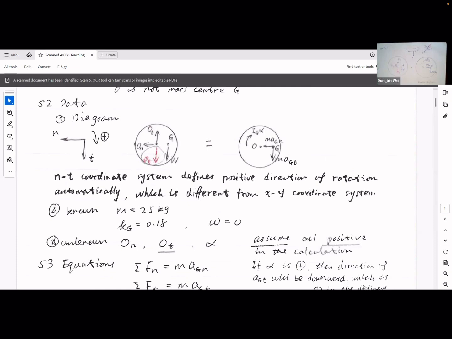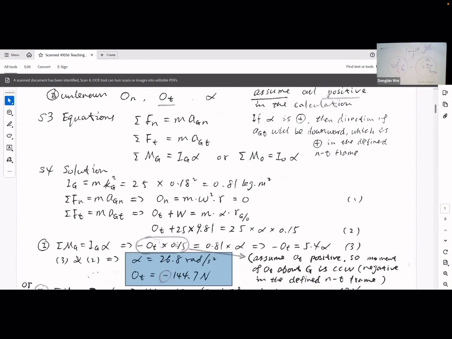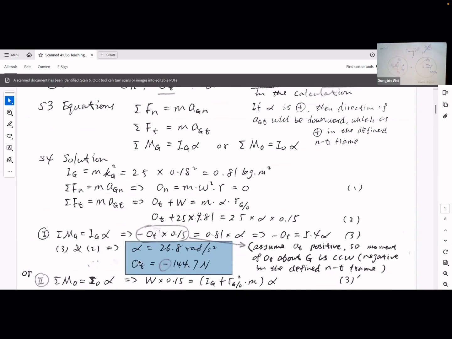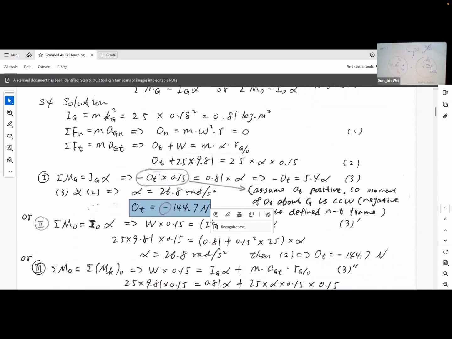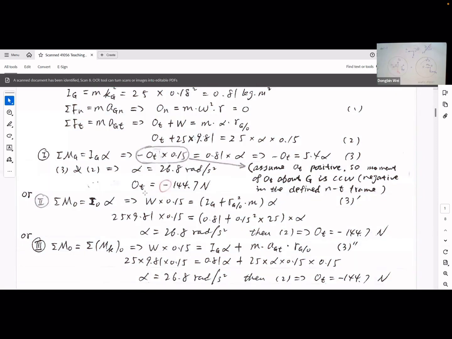The assumed positive direction of OT is only for our calculation, for convenience. And finally, the final result will tell me the correct direction of OT. If you are going to use the rotation center O for your calculation, it's okay, and the result will be the same.